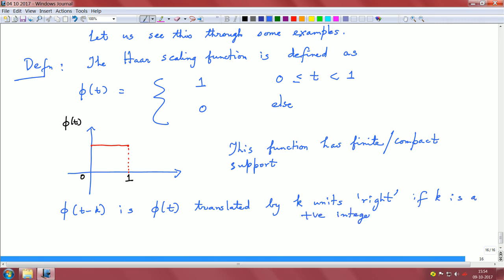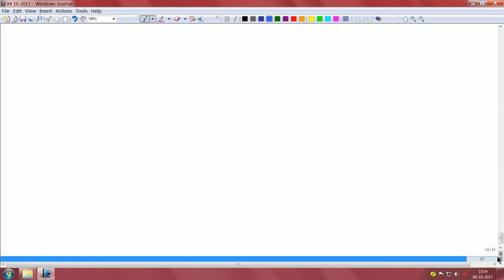You can translate it to the right or to the left. Now, once we get this picture of compact support and translations, we are ready to define this space V0.